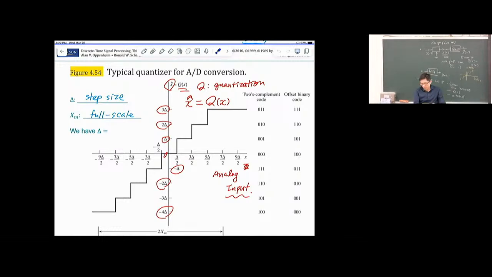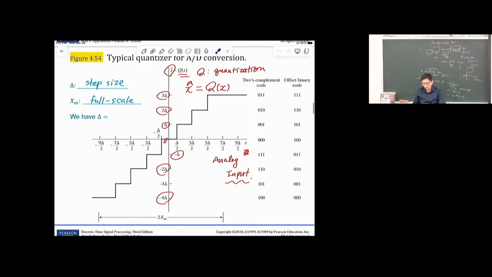But what do we mean? So we need to introduce a few parameters, okay? The idea is that we quantize with finitely many bits, right? So let's say in this case, we are going to use 3 bits to represent all the real numbers. Only 3 bits for this example, right?